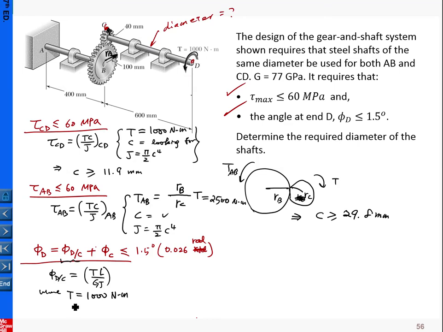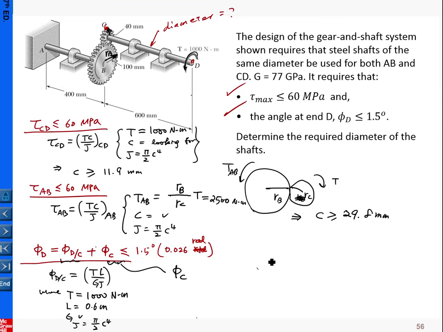L is the length, 600 millimeters, 0.6 meters. G is given, and J equals pi over 2 C to the fourth power. C is to be determined.